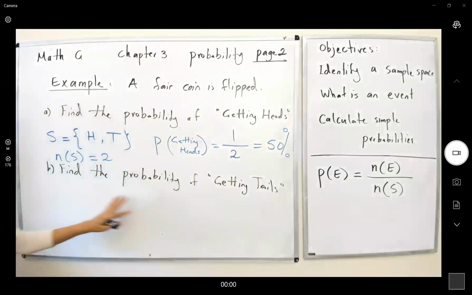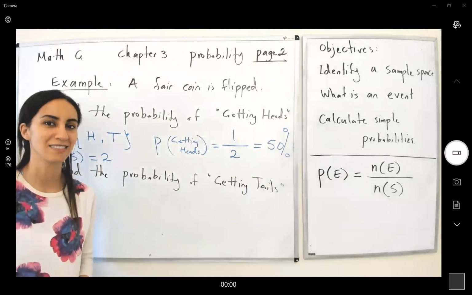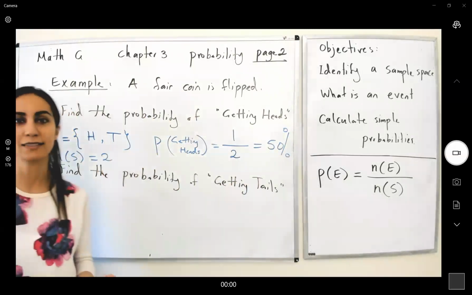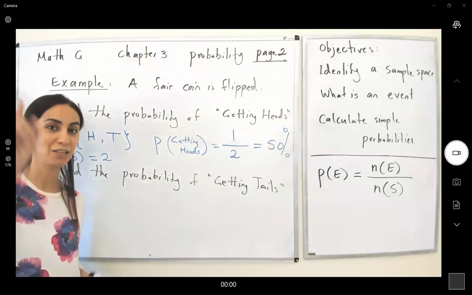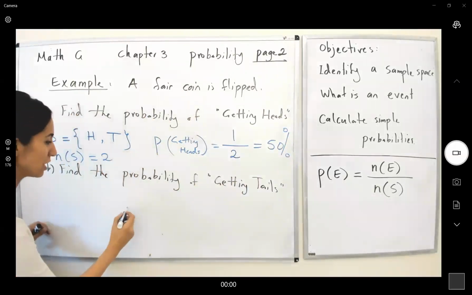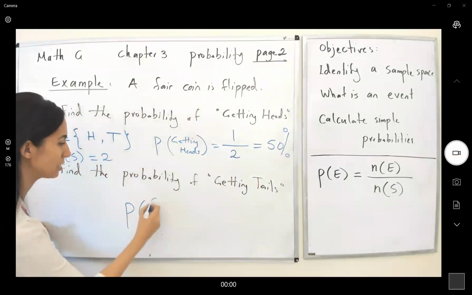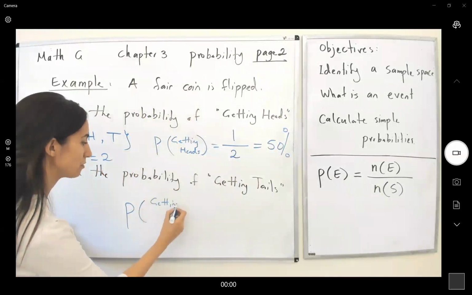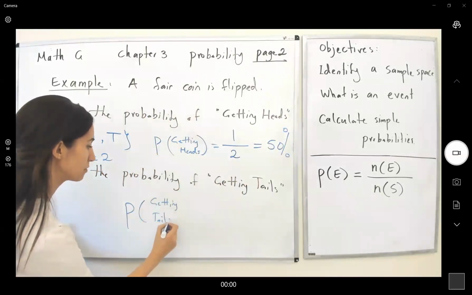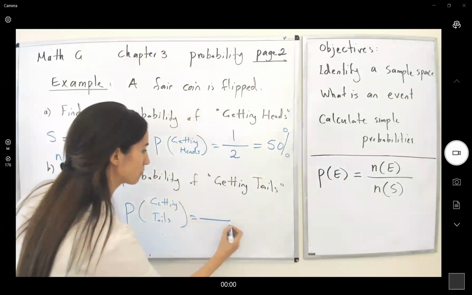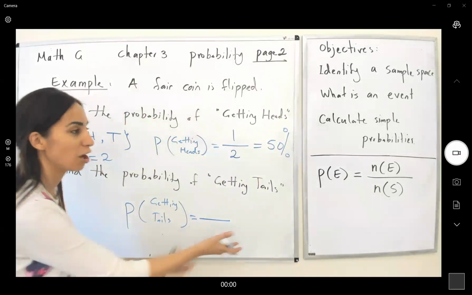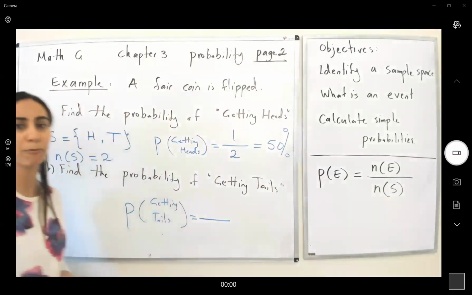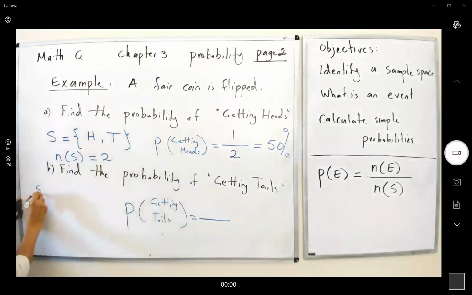How about the probability of getting tails? Sample space stays the same. It means that the denominator has cardinality 2. The probability of getting tails is, your denominator stays the same. Why is that? Because the denominator is the cardinality of sample space.